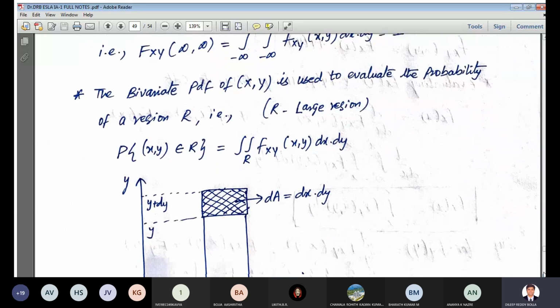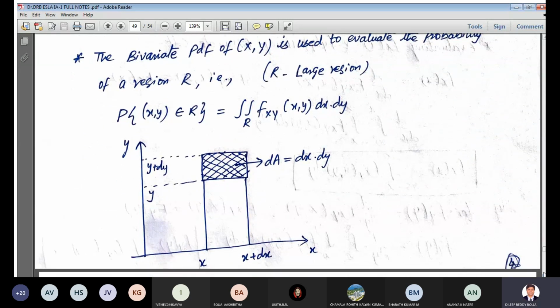Take a simple example. So this is your x-axis, and this is your y-axis. On the x-axis, somewhere here, let us assume a point x. Similarly, corresponding to that, we have point y. Now, we have increased the value of x to x plus dx.